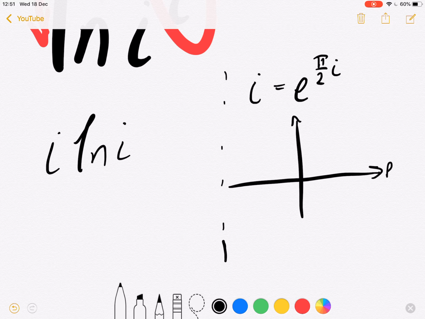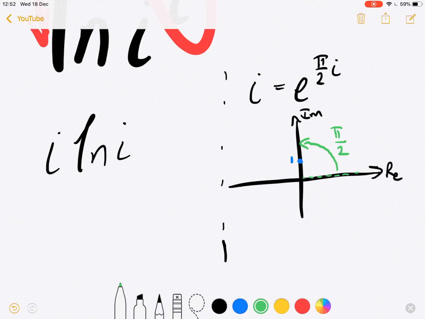So we have the real axis, the imaginary axis, and since i is just 1 times i, we can represent that point here as 1. And using the complex plane where we measure the angle from the positive horizontal axis, if you just find the angle, that is pi over 2 radians.